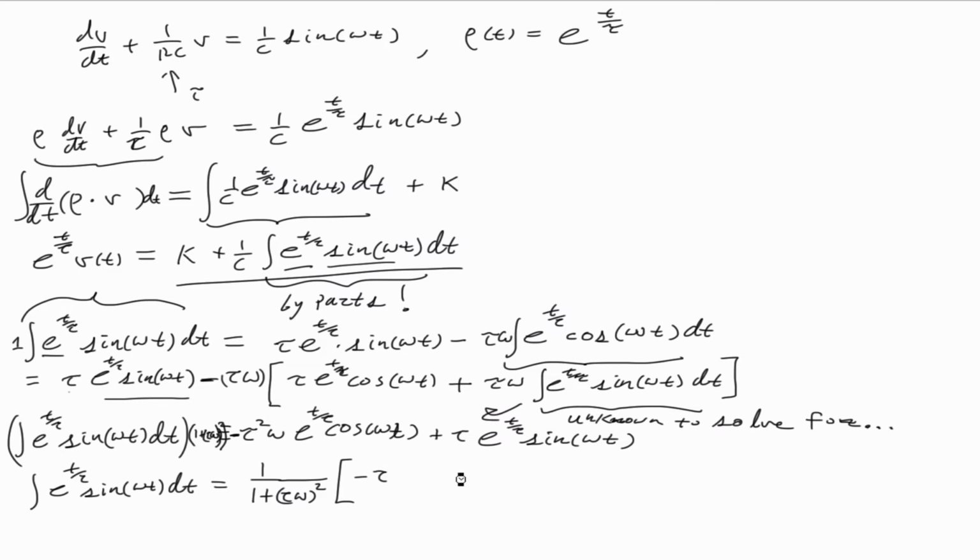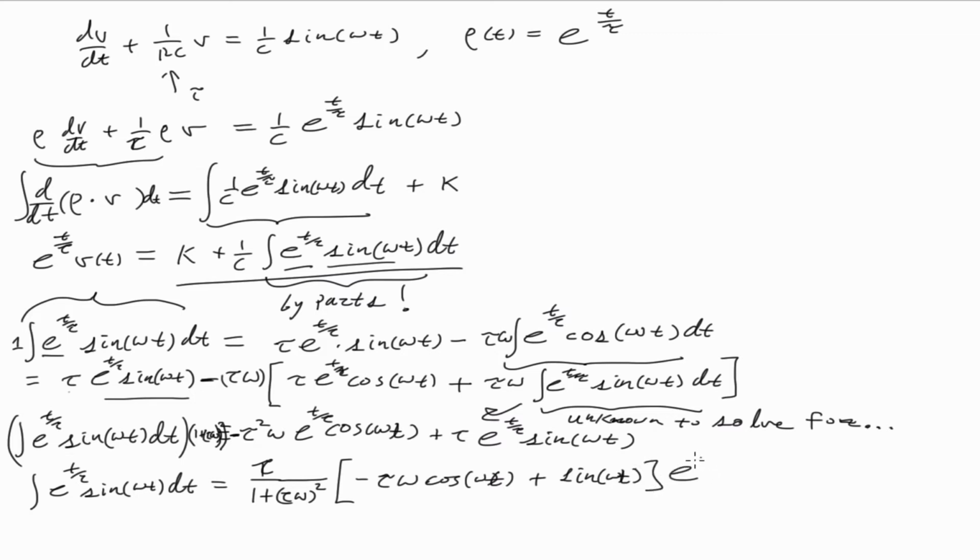Actually, I'm just going to do a little simplification here. I'm going to put a tau there, and then I'm going to have a negative tau omega cosine omega t plus sine omega t.